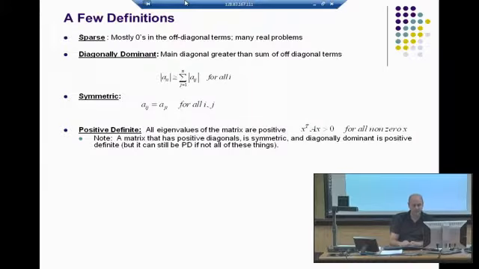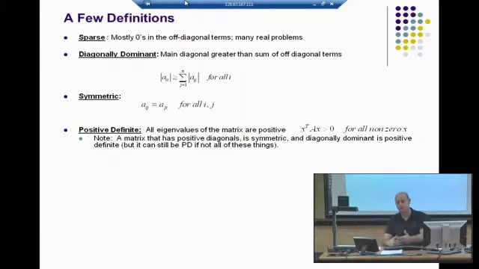A positive definite matrix is an important term for matrices. They have special properties in which all eigenvalues in the matrix are positive. So x transpose A times x is greater than 0. Now, look, I know a lot of people watching this video don't know what eigenvalues and eigenvectors are. That sounds a little bit confusing. What I will say is that positive definite matrices are important.